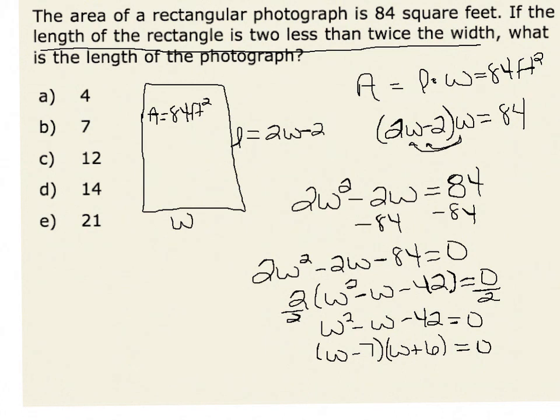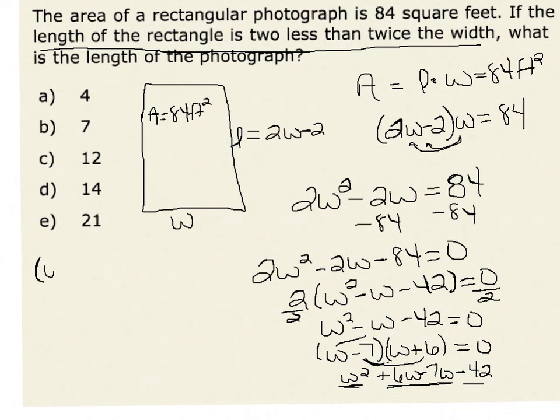Before I move on, I just want to verify that I have factored correctly. Using the distributive property, I can see that I have W times W, or W squared, W times 6, or a positive 6W, negative 7 times W, or a negative 7W, and finally a negative 7 times a positive 6, which is a negative 42. We can see this is indeed equal to W squared minus W minus 42.